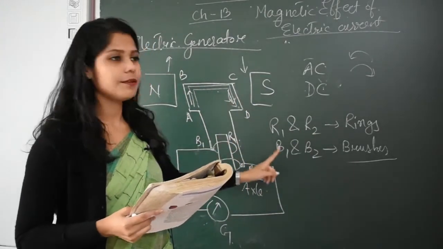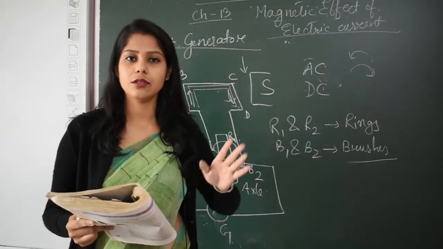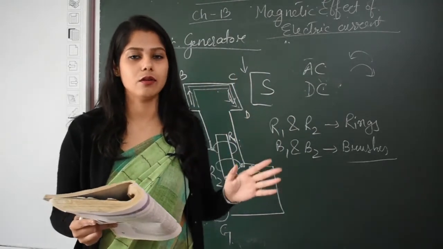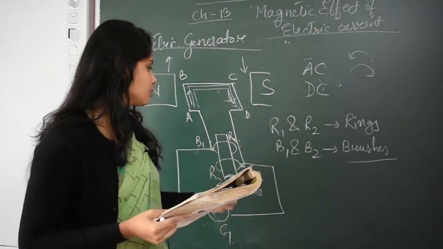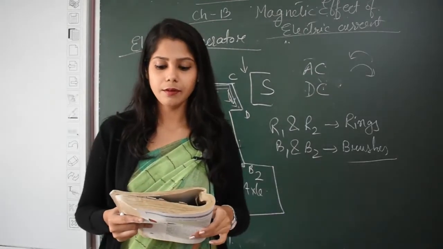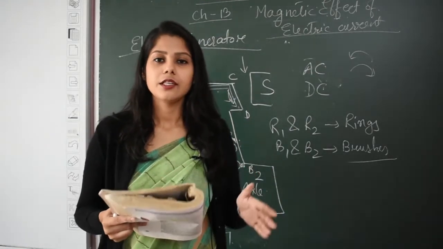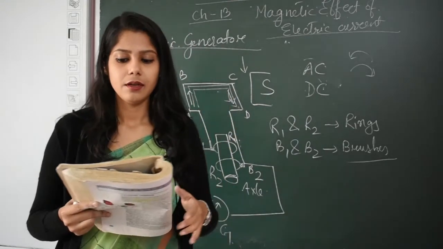Here, if I use split rings as the commutator, it will be in one direction only, depending on how it is placed. And alternating current reverses its direction periodically, completely in half.